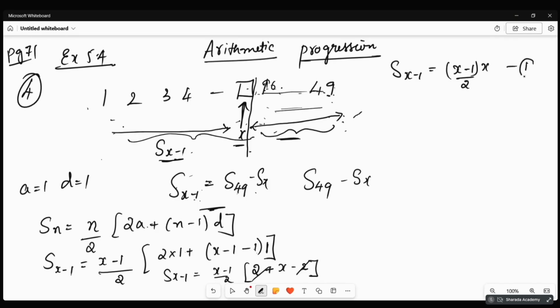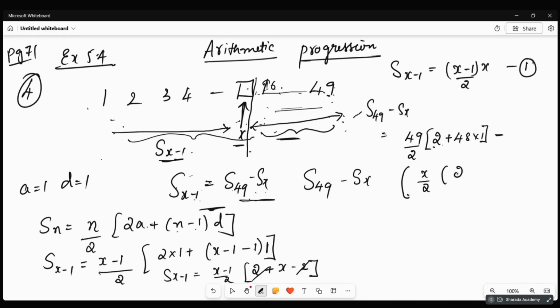This is equation 1. Now this one, S49 minus Sx. S49 will be 49 by 2 into [2a, a is 1, so 2 plus (49 minus 1) which is 48, into 1]. Minus of Sx is x by 2 into [2 plus (x minus 1) into 1].